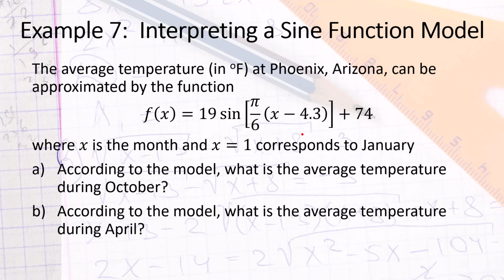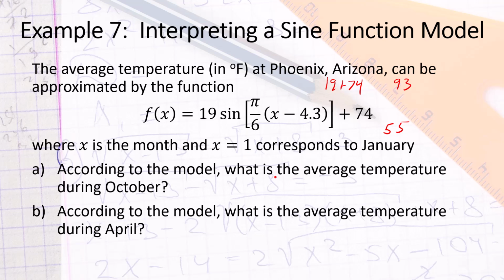Well, the temperature in Phoenix can be as high, on average, as 93 degrees. That's basically 19 plus 74, or as low as 55 degrees. Must be nice. x is the actual month, and x equals 1 corresponds to January.